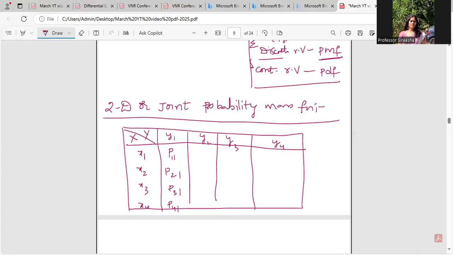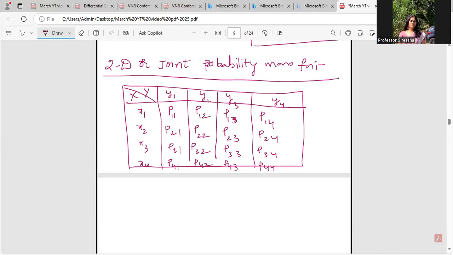X is 3, Y is 1, like that. P12, P13, like your matrices only, guys. You will be calculating accordingly. The formula is very simple, but first you understand how to write, then things would be very easy. P23, P24, P32, P33, P34. Similarly, P42, P43, P44. This is how I'll write the two-dimensional probability mass function or joint probability mass function.